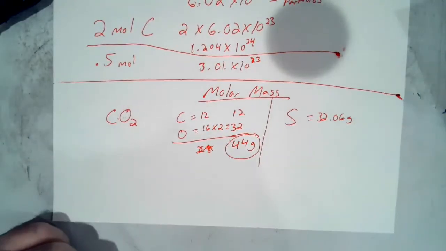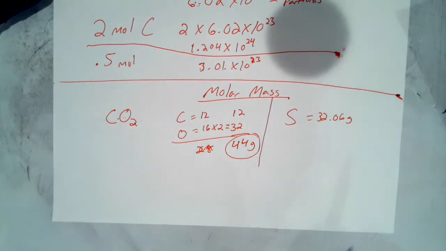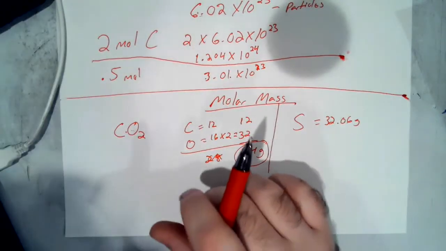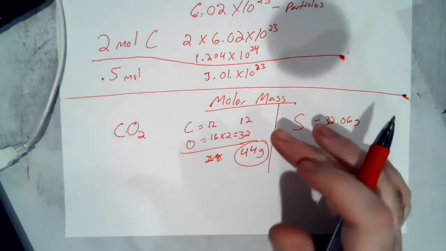Now, I know what some of you were probably thinking: is he going to have grams to grams, moles to grams, things like that? And the answer is no. I decided not to, only because there was so much stuff to put on here that I just couldn't squeeze it in.